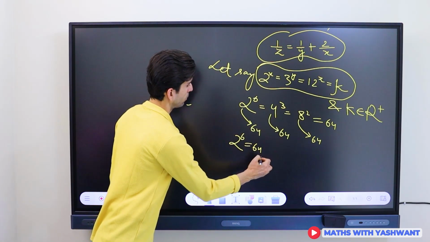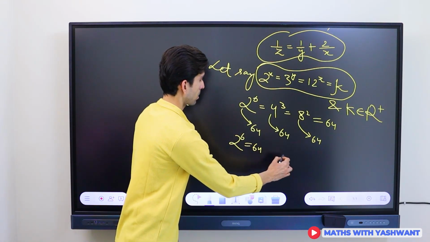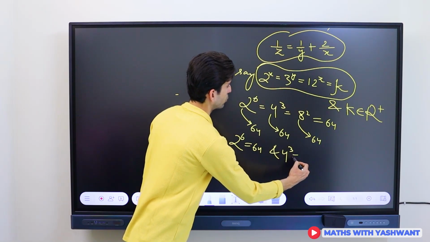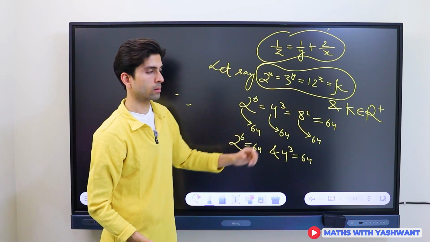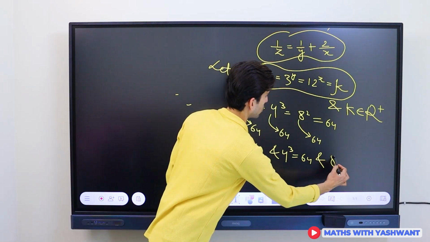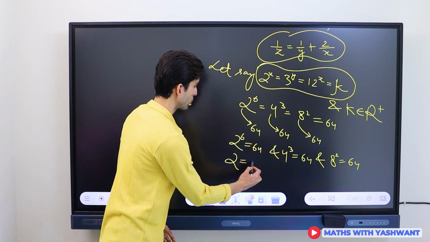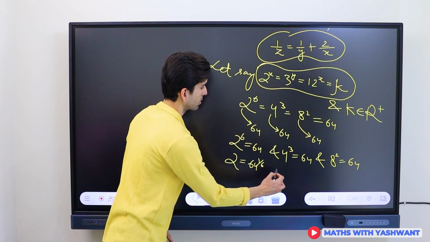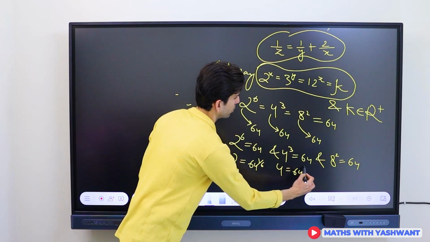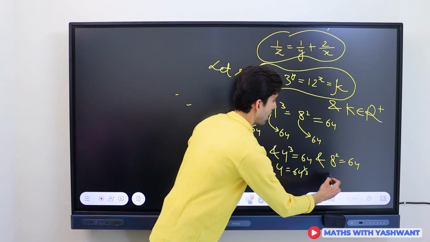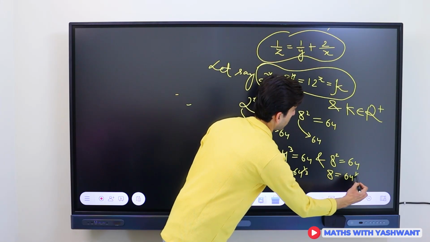One more thing I can conclude from this: 2 to the power 6 is equal to 64, 4 cube is equal to 64, and 8 square is equal to 64. I am segregating this. Then we can write 2 is equal to 64 to the power 1 by 6, 4 is equal to 64 to the power 1 by 3, and 8 is equal to 64 to the power 1 by 2.